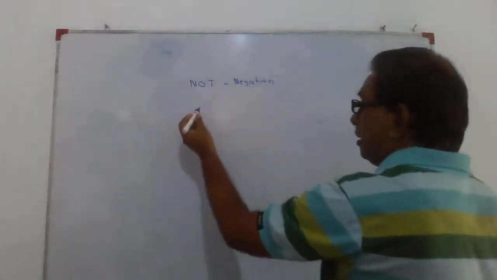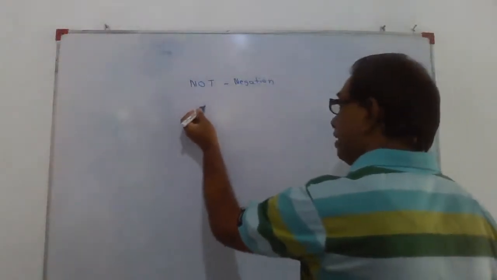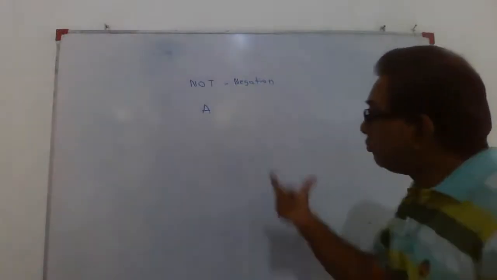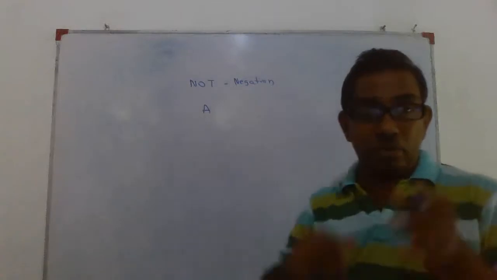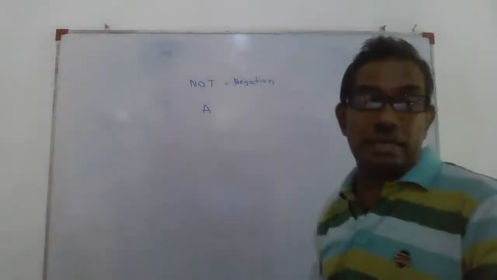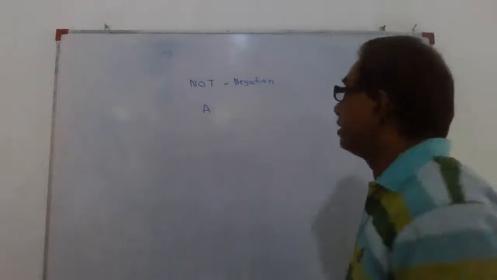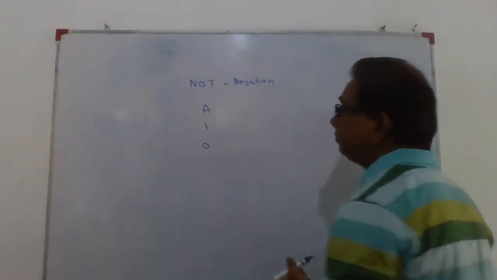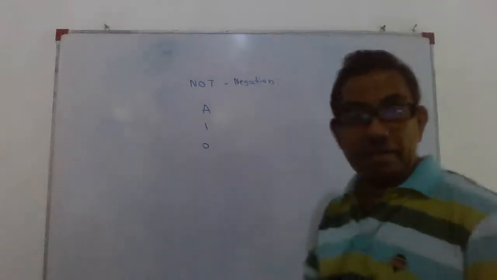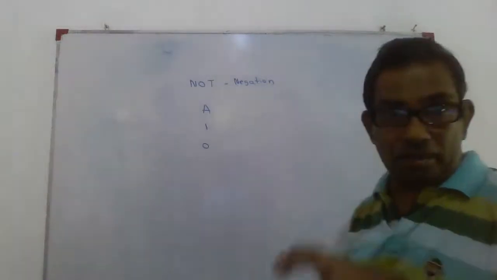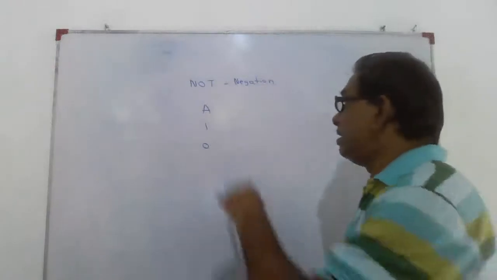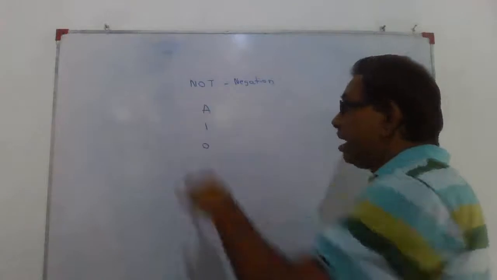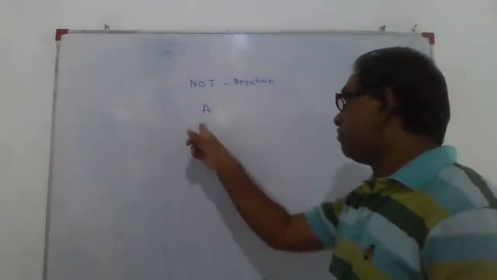For example, there is a value called A. A actually implies the value, but we don't know what is the actual value inside A. It can be 1 or 0. In Boolean mathematics, any variable, a variable in the sense of a value which can be varied, can be 1 or 0.